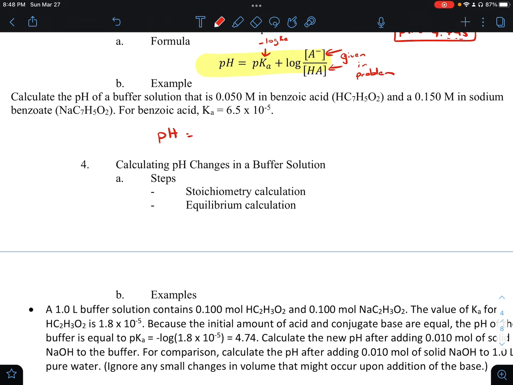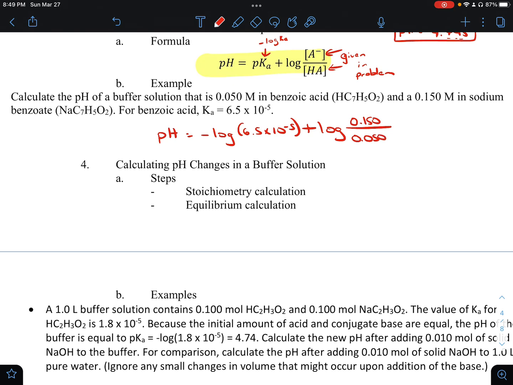We take the negative log of 6.5 times 10 to the negative fifth, plus the log of our A minus, which is our sodium benzoate concentration, 0.150, over our concentration of 0.050.